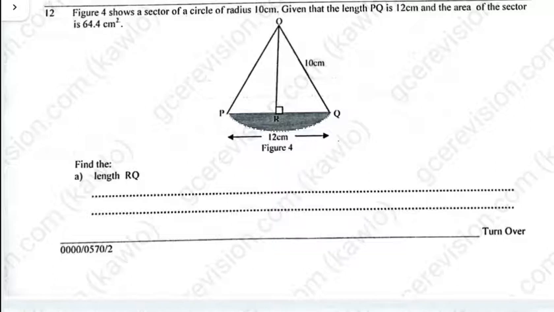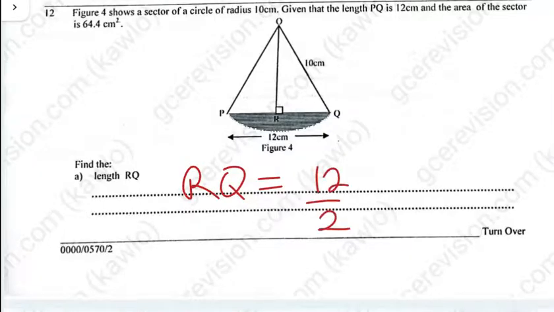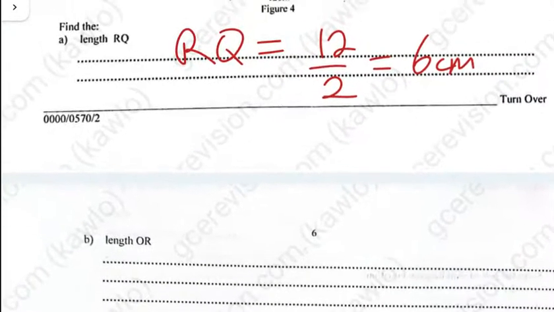If PQ is 12, then RQ will be 12 on 2 because it is half of it, 6 centimeters. That's from R to Q. This distance here is 6 centimeters. Then the length OR.